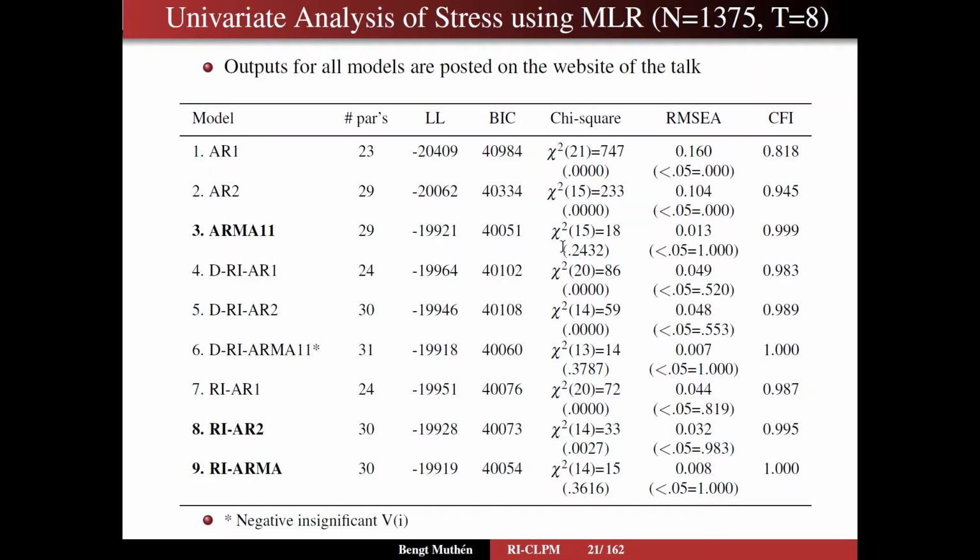And here we now for the first time see a positive p-value, 0.2432. So quite a distinct difference between model 2 and model 3 here for the same number of parameters. And the RMSEA is good with a high probability, 1, of being less than 0.05 and a perfect CFI.